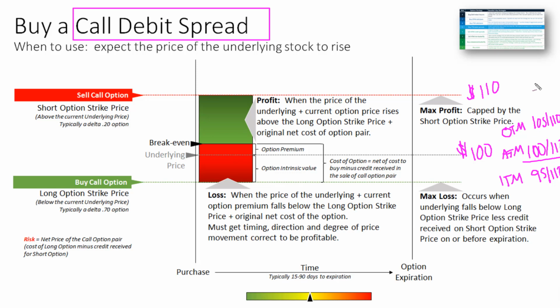Now, usually options traders that don't have as much capital to work with are always going to look at these kinds of spreads where they do it out of the money. That's because this kind of spread is going to be significantly cheaper than an at the money or an in the money spread. Now, I actually will do these sometimes.